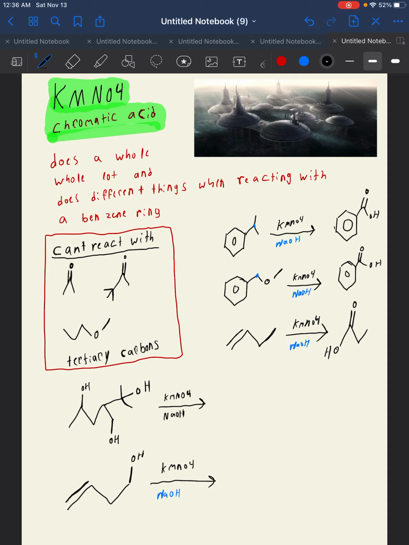Now then, when we're looking at KMnO4 on an overall large molecule down here, first thing to do is locate tertiary carbons, or secondary carbons. Then locate your primary carbons. I'll label my primary carbons in red, my secondary carbons in blue that are going to get oxidized, and my tertiary carbons I will highlight. So, primary carbons usually go to carboxylic acids.